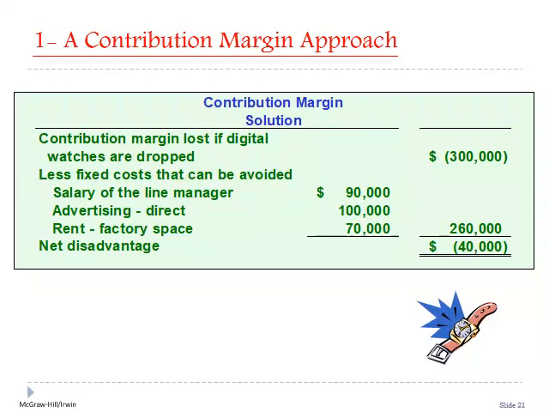These are the relevant costs, which equal 260,000. So we are comparing 260,000 with 300,000. So the net disadvantage will be 40,000. That means if we drop the digital watches segment, the company will lose $40,000.